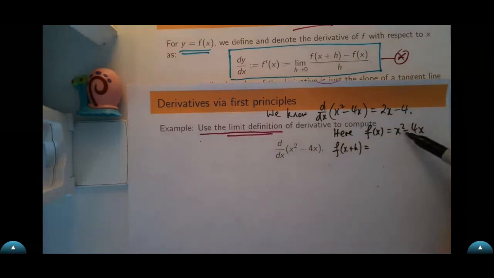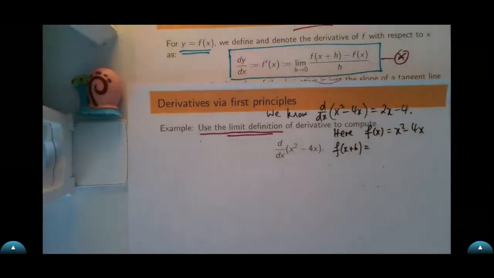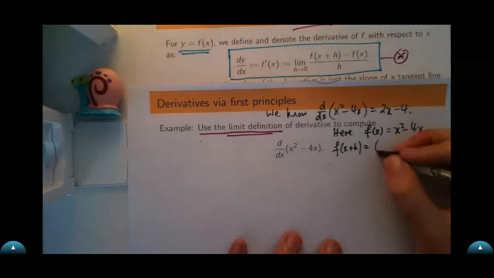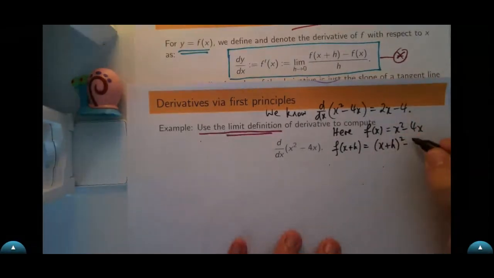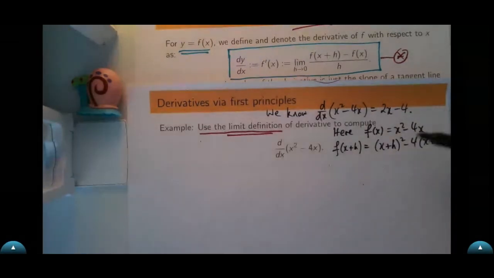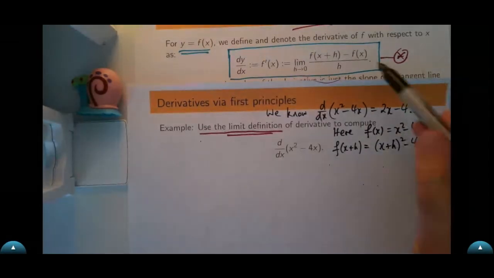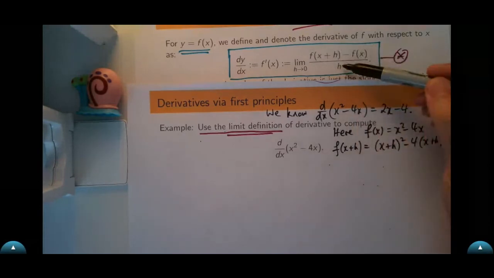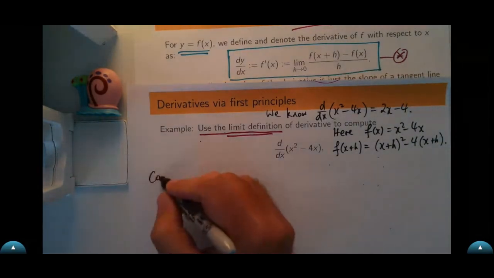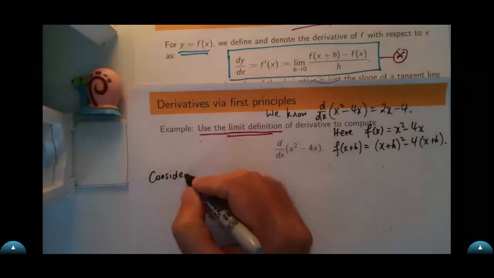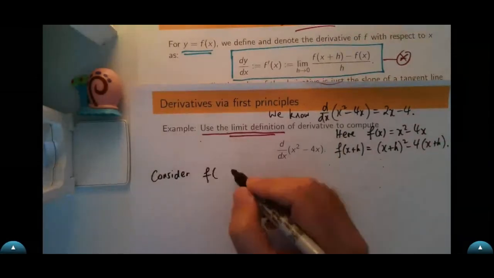What we do now is replace x with x plus h in brackets. So it's going to be x plus h all squared minus 4 times x plus h. So we'll use these two expressions in here and try to simplify and eliminate that denominator, the h.